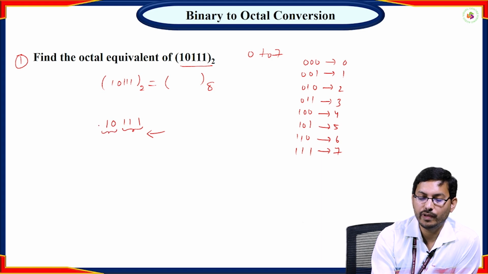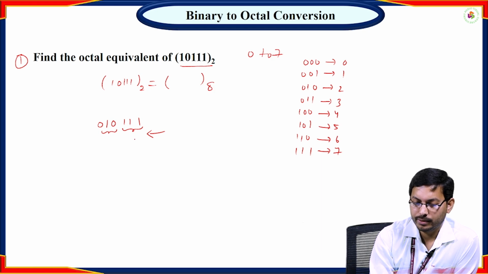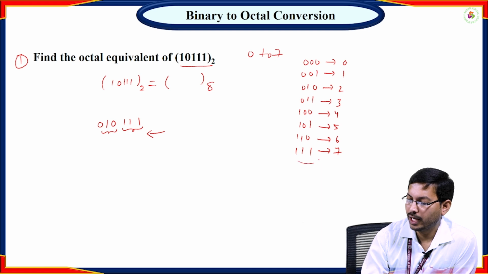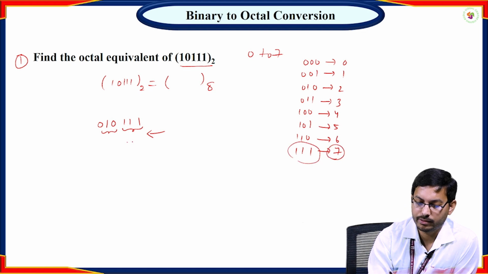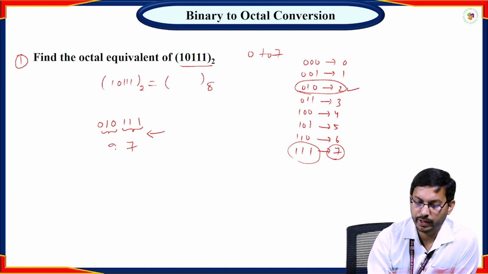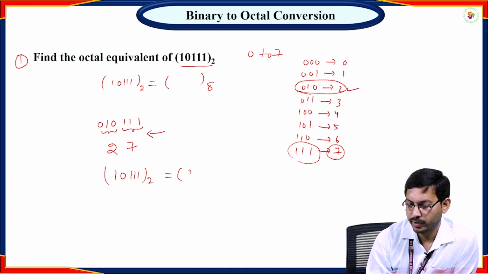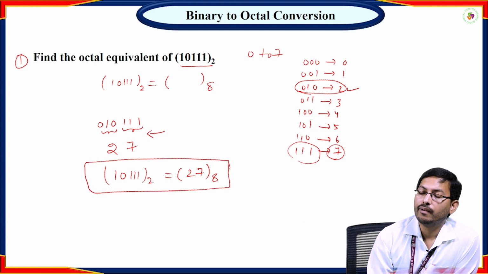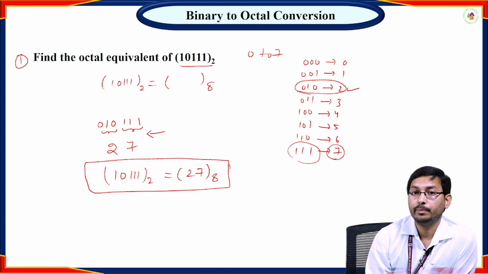Of course, if there is no value, we put it as 0. The equivalent of 111 in the octal number system is 7, and 010 in the octal number system is 2. So the octal equivalent of the binary number is 27 with base 8. In this way we can convert a binary number to the octal number system.